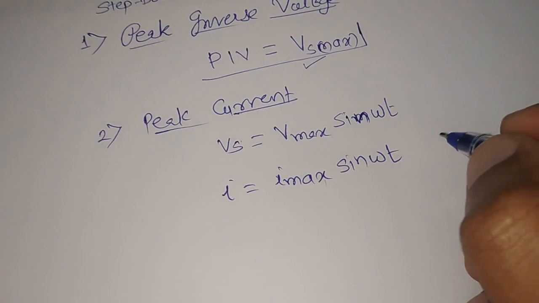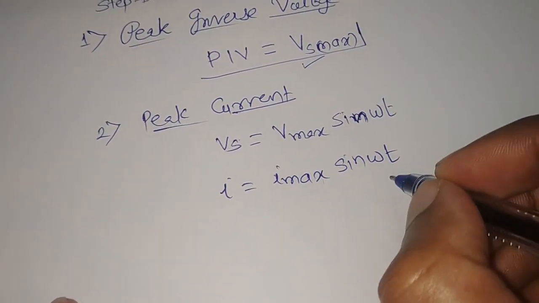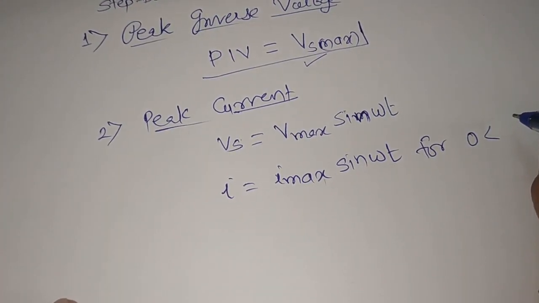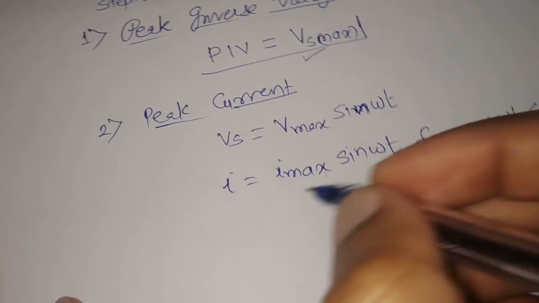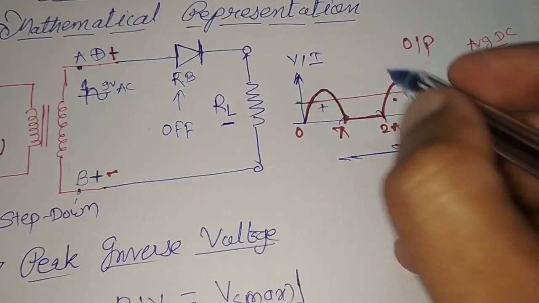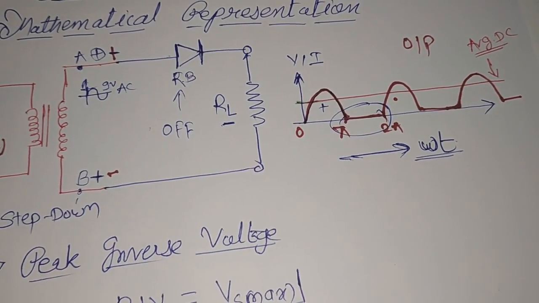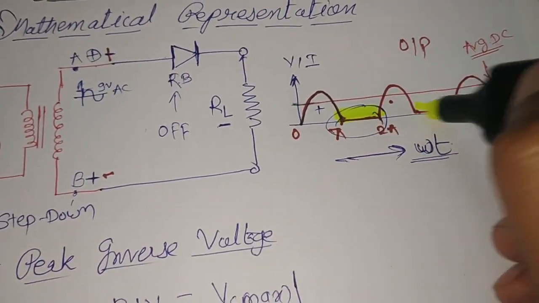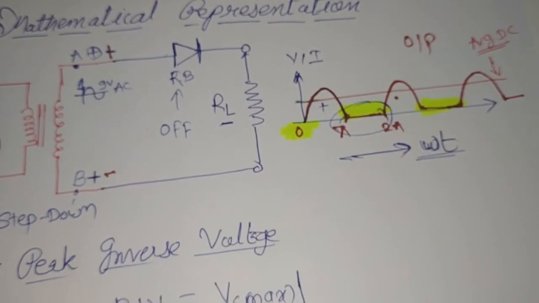Current and voltages both are sinusoidal signals. This will be the value for limits between 0 to pi. And what will be the current value from pi to 2 pi? This particular place, there is no current. So I will be 0 for this place. 0 current. Value of current is 0.